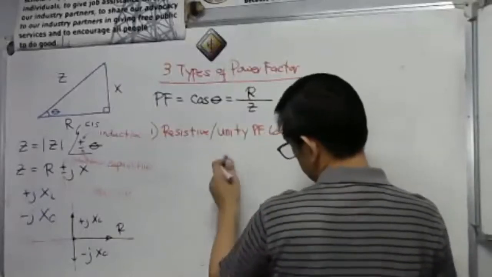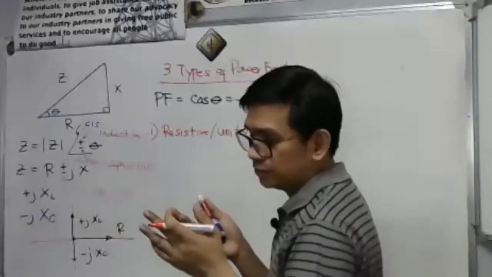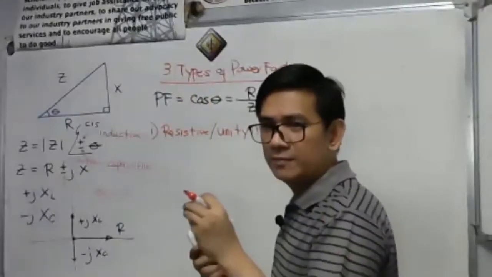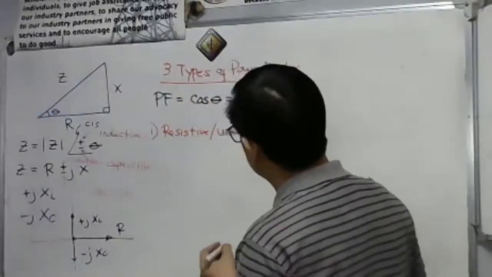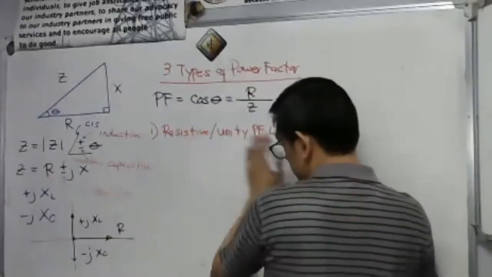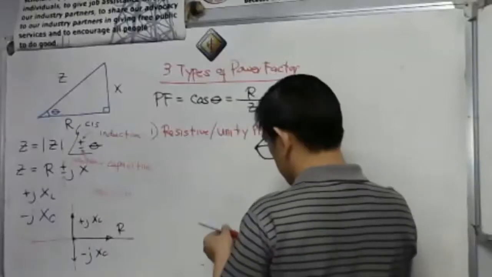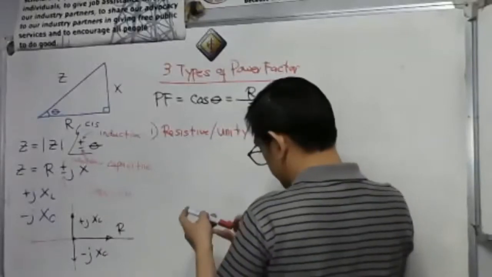Just like you have an oven, a toaster, you have an incandescent bulb, you have your flat iron. So, these are your resistive load or unity power factor load.